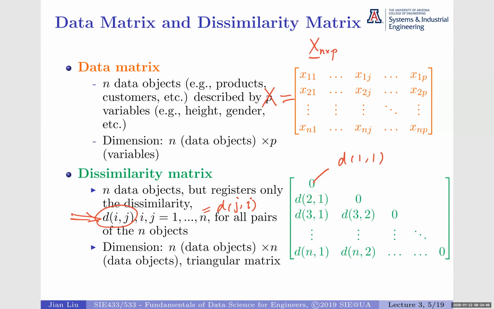If you have n data objects, this matrix will be n by n. So if we use D to denote it, then this is a D matrix with dimension n by n. That's how we organize those data.